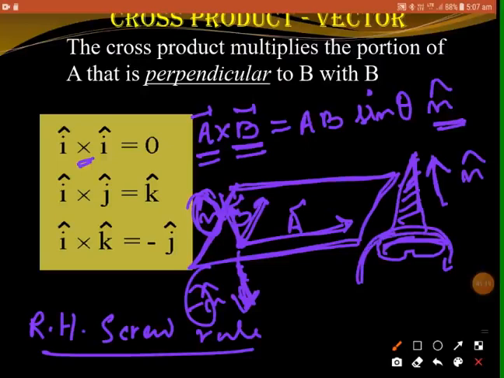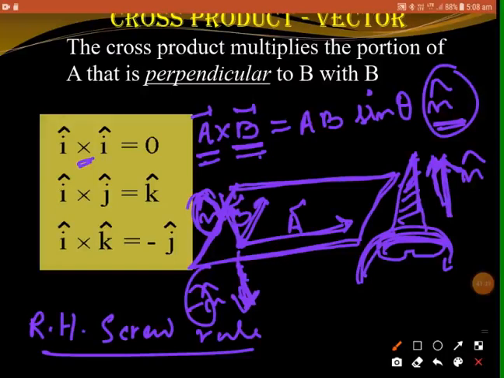Then the direction in which the screw advances forward, we call that n cap. So from the first vector to the second vector, you need to turn the head of the screw.